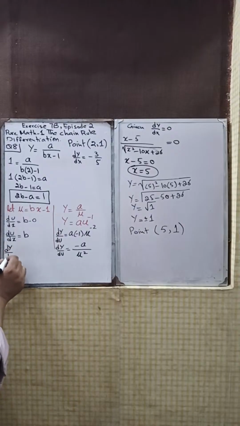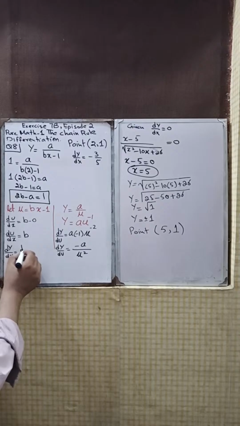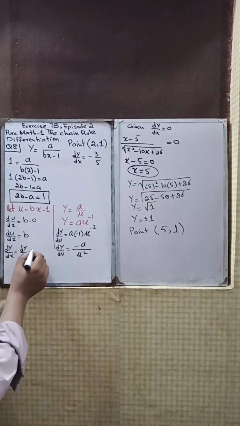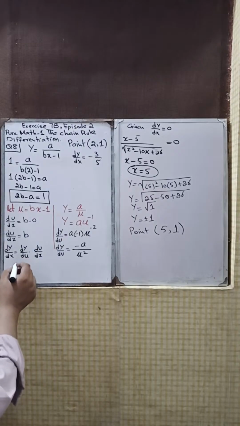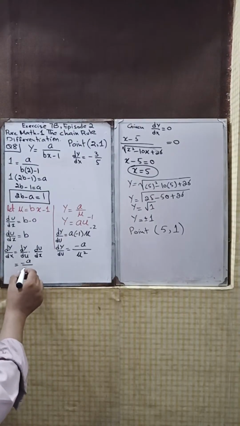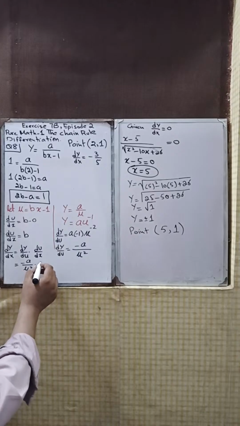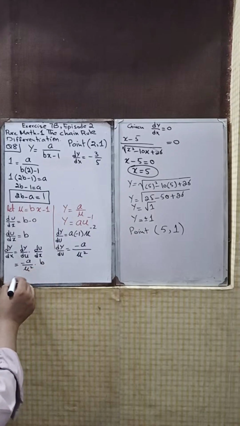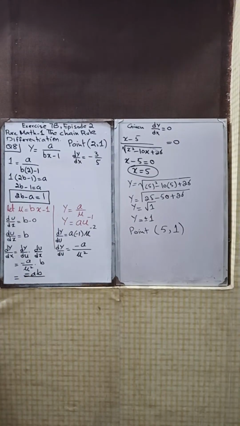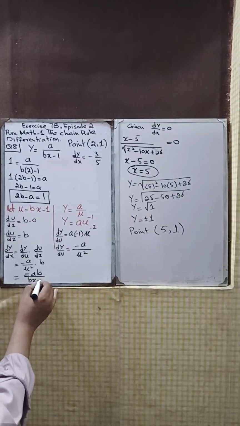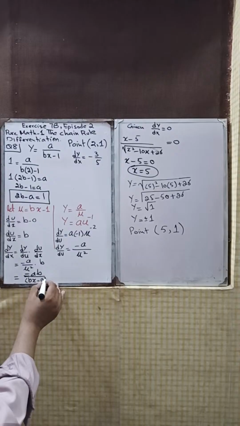The chain rule is dy by dx is equal to dy by du multiplied by du by dx. So this value is minus a by u squared into b, and this will become minus ab divided by, the u value is bx minus 1, so this is bx minus 1, the whole thing raised to power 2.